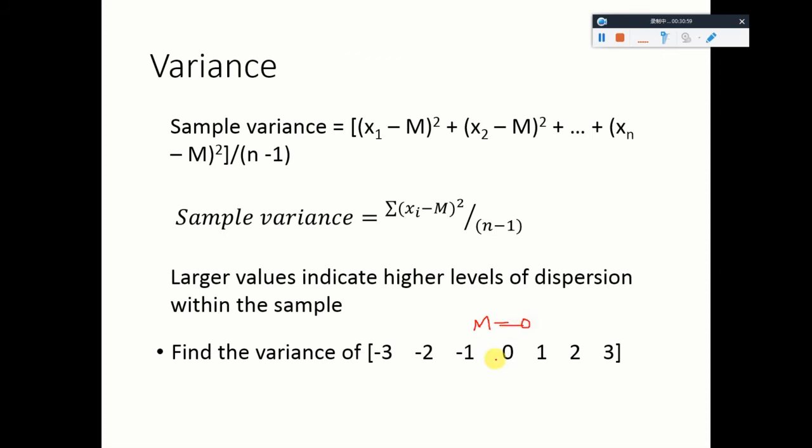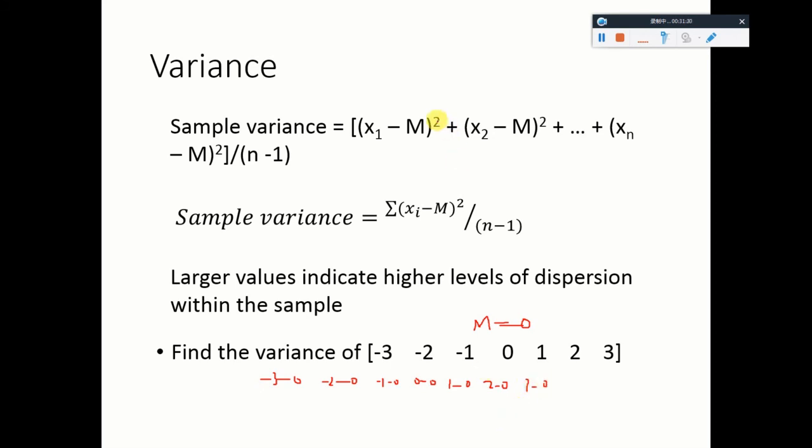Okay. The second step, as we said, is to find the difference between each sample value and the mean, right? So you will have -3 minus 0, -2 minus 0, -1 minus 0, 0 minus 0, 1 minus 0, 2 minus 0, and 3 minus 0. Okay?